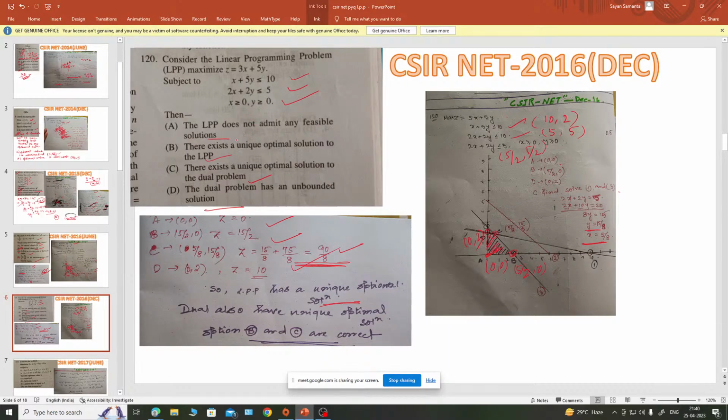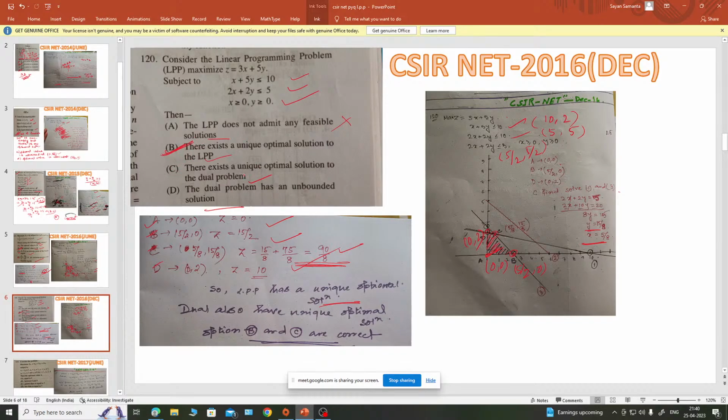We can say that. So the first option says that the LPP does not attain any feasible solution. Here we see that feasible solutions exist. So the first option is discarded. There exists a unique optimal solution. Obviously we see that there is a unique optimal solution. One unique solution. This is correct.